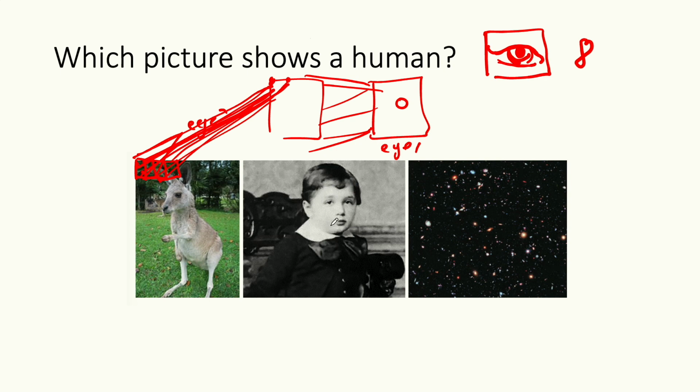In the case of this little boy, I guess it's a boy, it might fire here and here. In the case of this field of stars, I don't know, maybe it would fire for a few of these galaxies, who knows? But then you could have another hidden layer that kind of specialized in eyeballs, right?